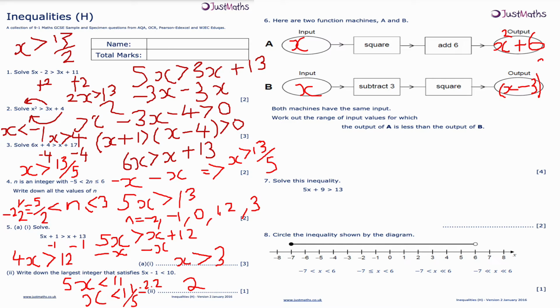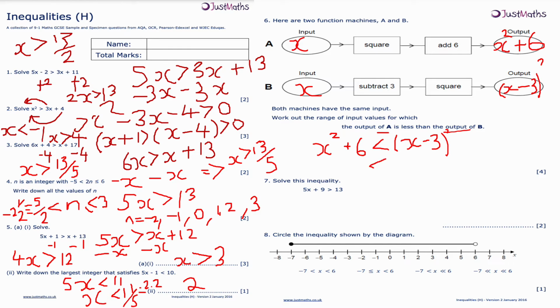Now the question is saying to find the range of input values for which the output of A is less than B. So it's saying for what value of x is x squared plus 6 strictly less than x minus 3 all squared. Okay, so it's asking us to solve this inequality.